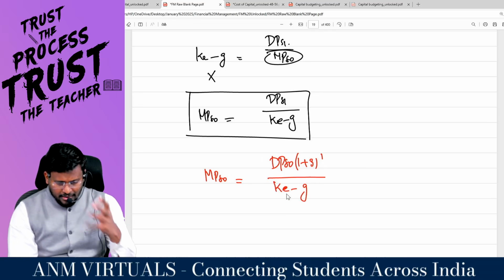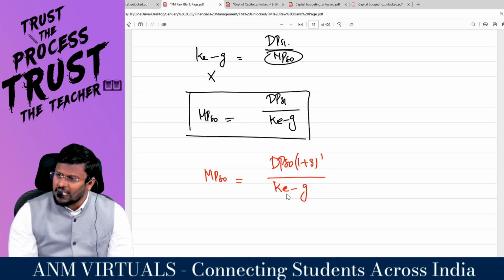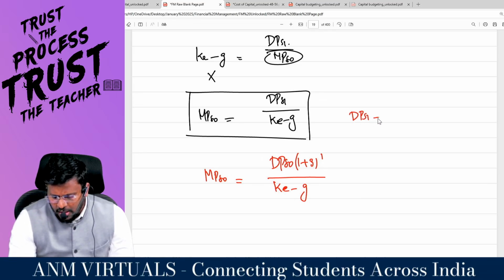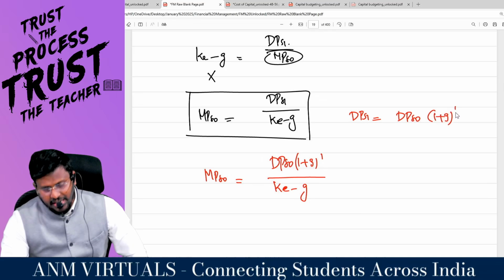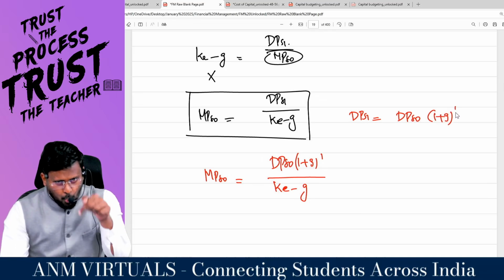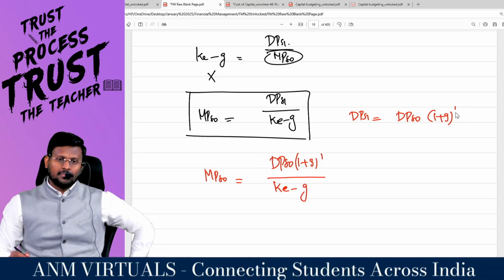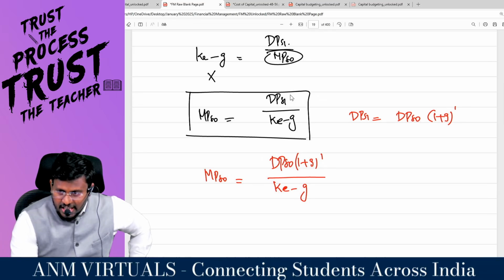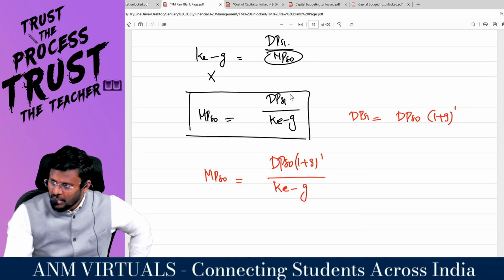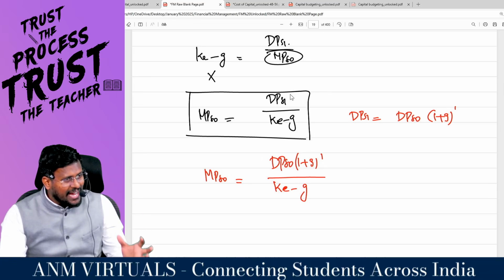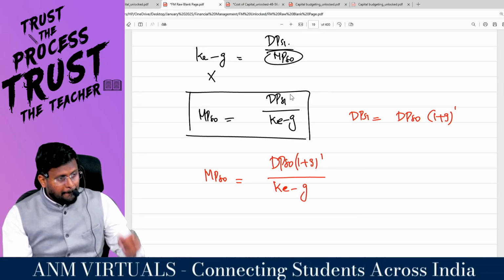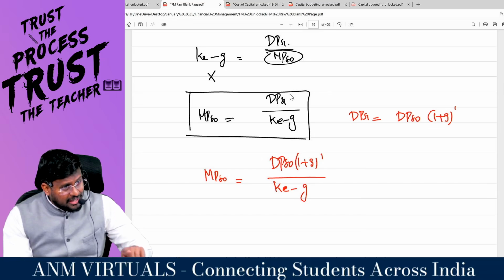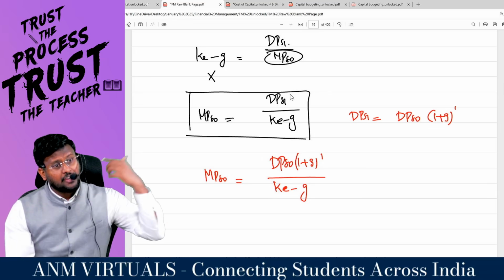Are you really with me? That means DPS1 is equal to DPS0 into (1 + g) raised to 1. Since it is raised to 1, I am not putting 1. DPS1 means you have to take the current year dividend plus the growth rate at the end of the first year.